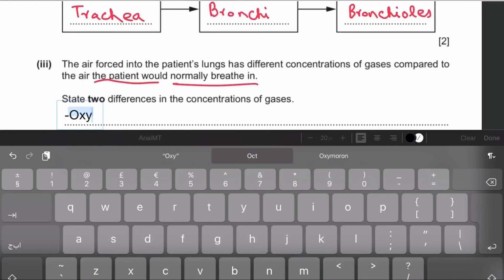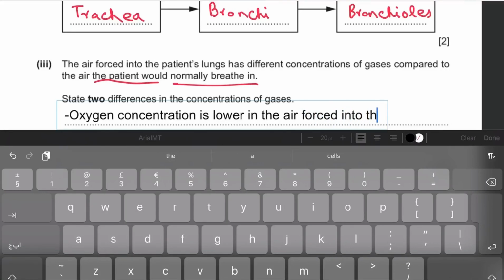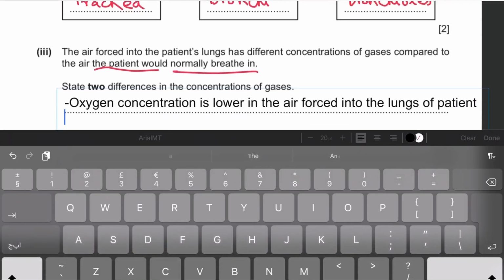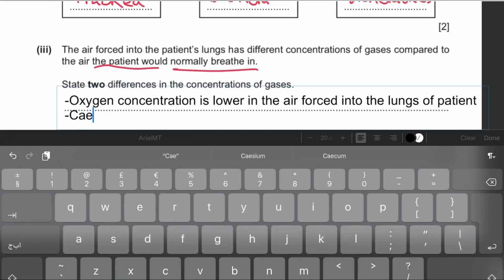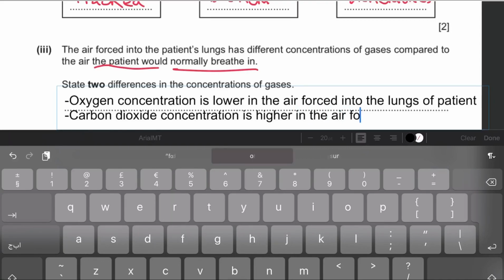Oxygen concentration is lower in the air forced into the lungs of the patient, and carbon dioxide concentration is higher. Carbon dioxide concentration is higher in the air forced into the lungs of the patient.